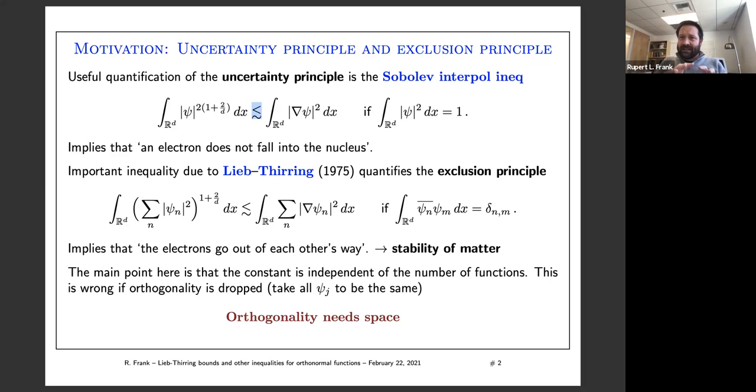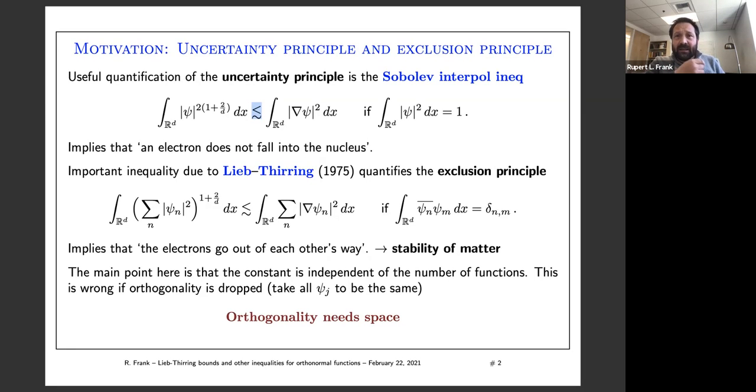That's the thing that is captured here. They're not on top of each other, but they grow away from each other. They try to become essentially disjoint in X space. And so if you want to put this into a phrase, you can say that orthogonality needs space. That's the principle behind this.